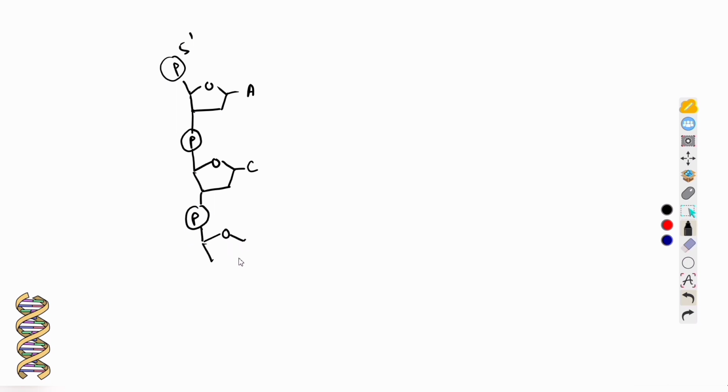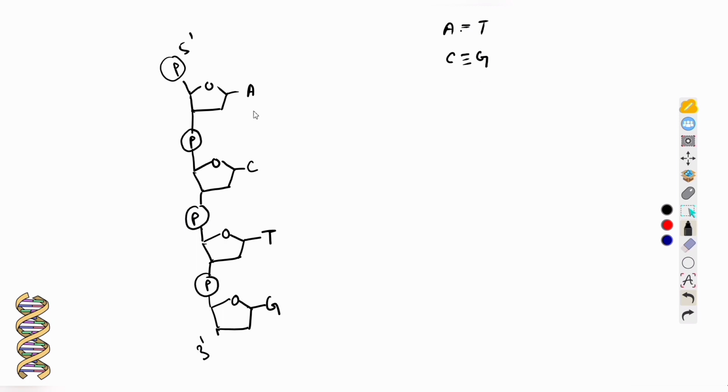This is containing, suppose, T. Again the phosphodiester bond. The next nucleotide is forming G. So this is the 3' end and this is the 5' end. So the base complementary to A is T, and the base complementary to C is G.